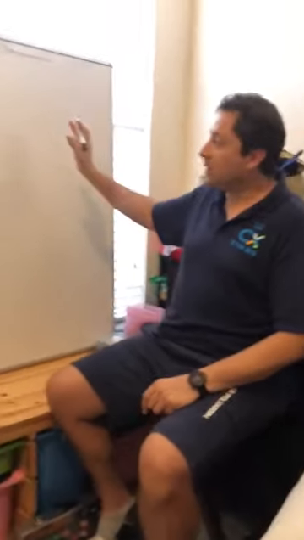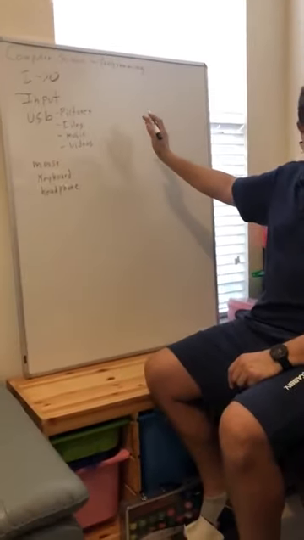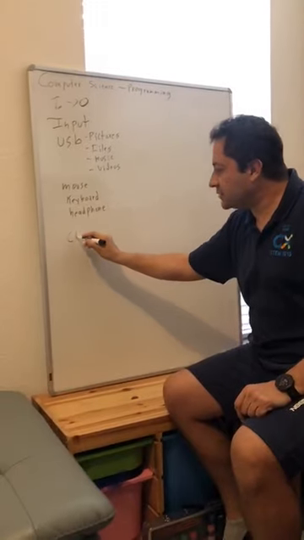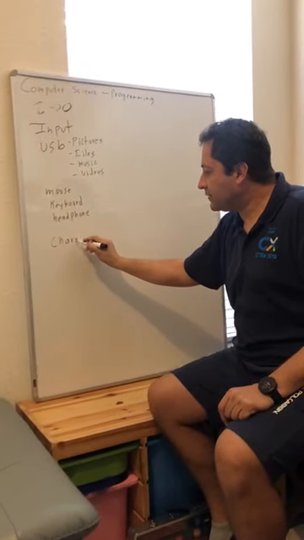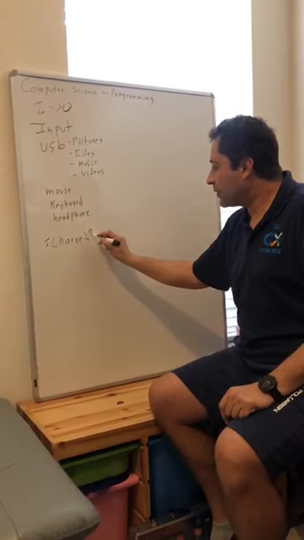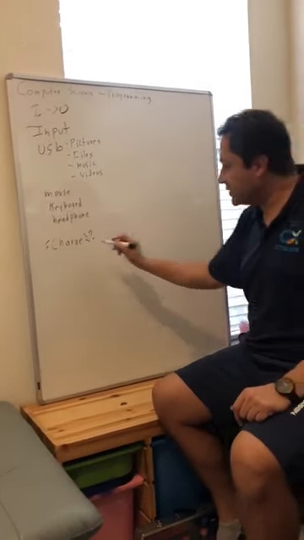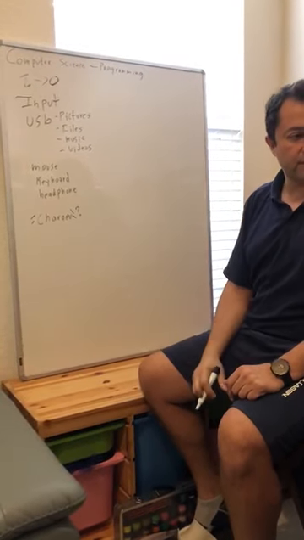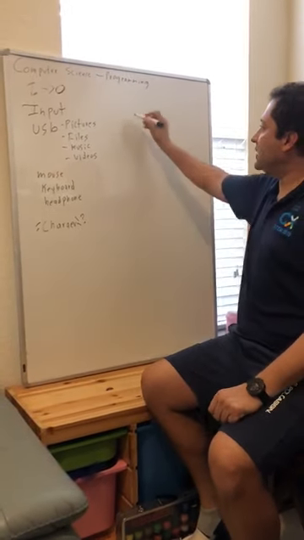So let's look at the output now, and the types of outputs and what we define as an output, and then we look at the charger. So the charger, let's leave it now as a question mark, okay? And we describe the charger as something that gives input or output to the computer, okay?